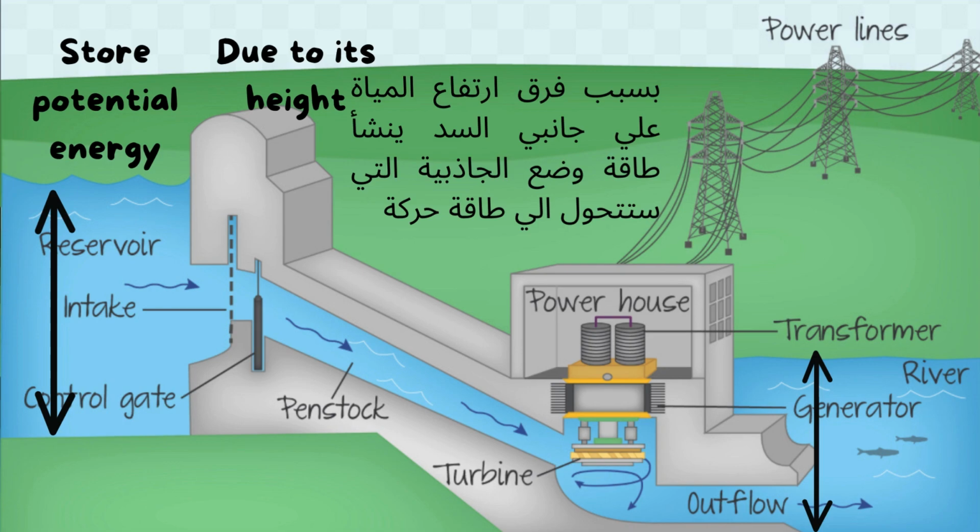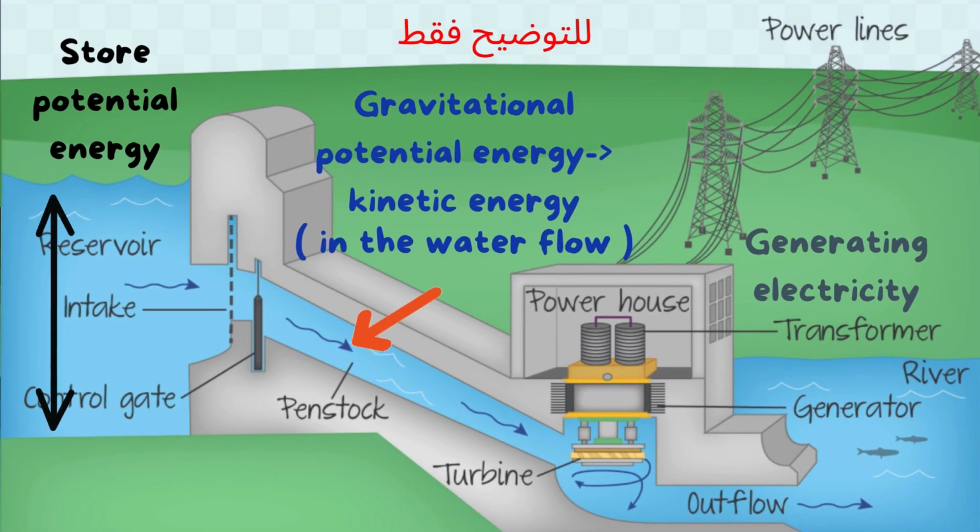So here the water stores gravitational potential energy, okay, that is converted into kinetic energy when it flows. Yes, as you see here, the stored gravitational potential energy is converted into kinetic energy, okay, in the water flow.